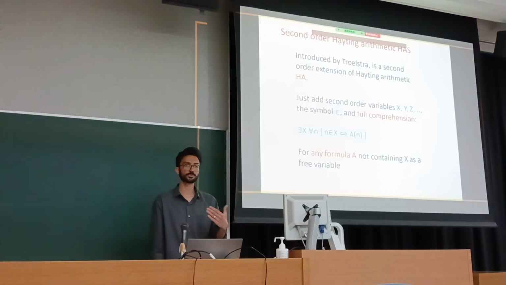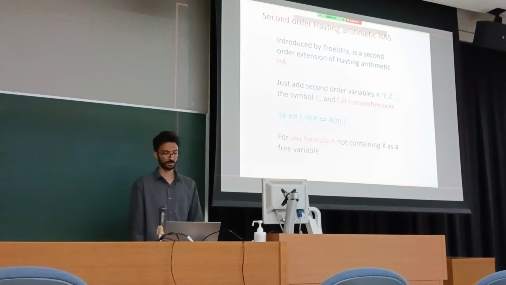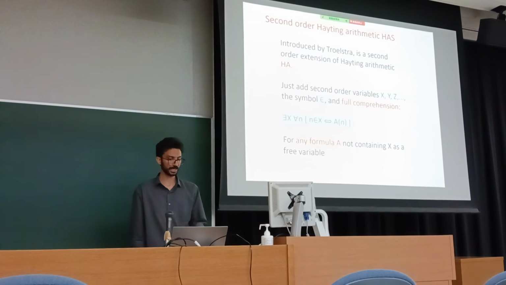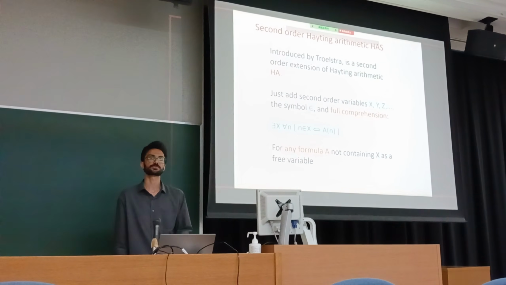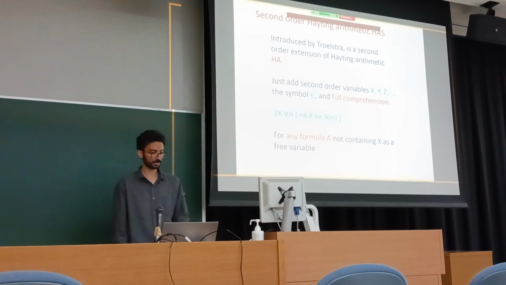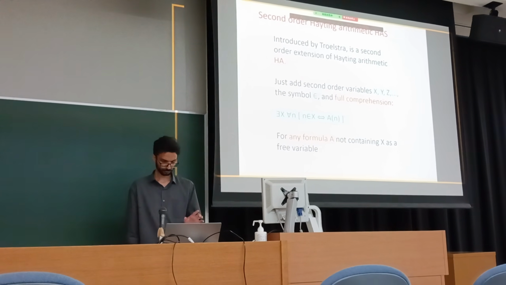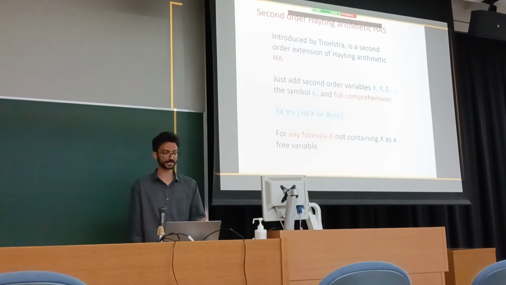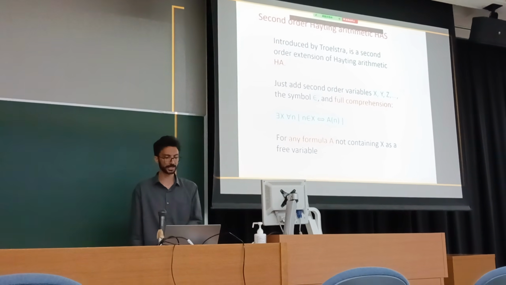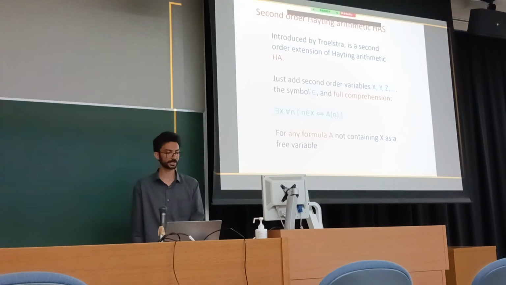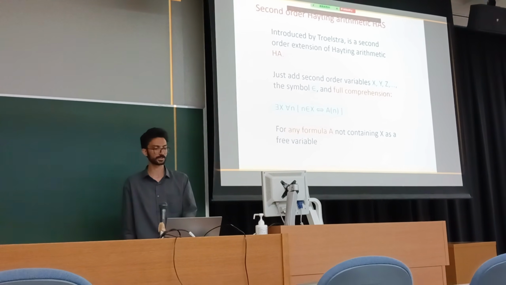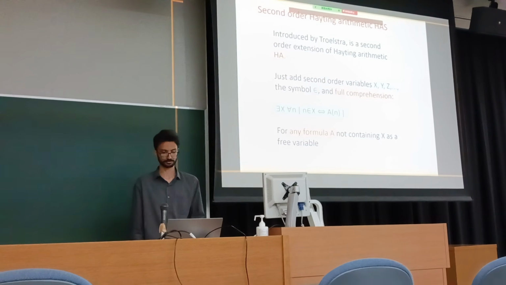In other words, every formula defines a set. The only restriction on that formula A is that A must not contain X as a free variable. This is only a technical restriction. Therefore, full comprehension says that for any formula A in the language of HAS, there exists a set X such that for all natural numbers n, n is in X if and only if A of n holds.